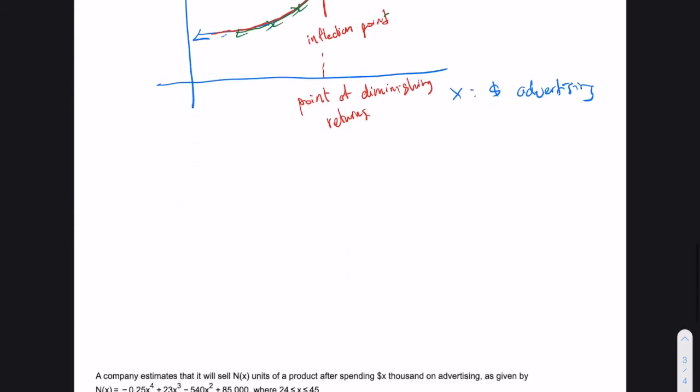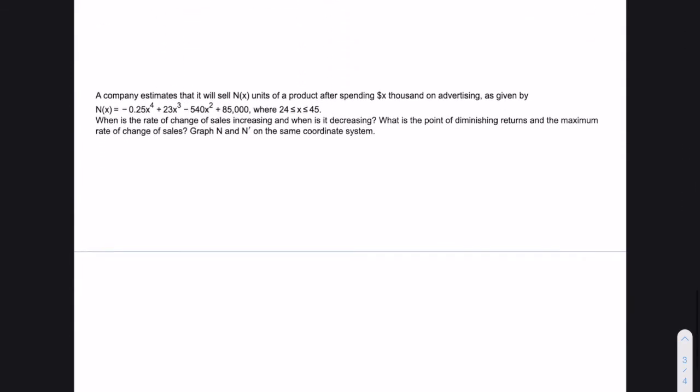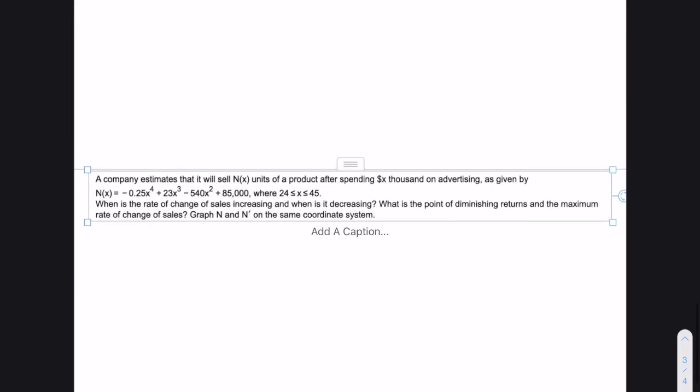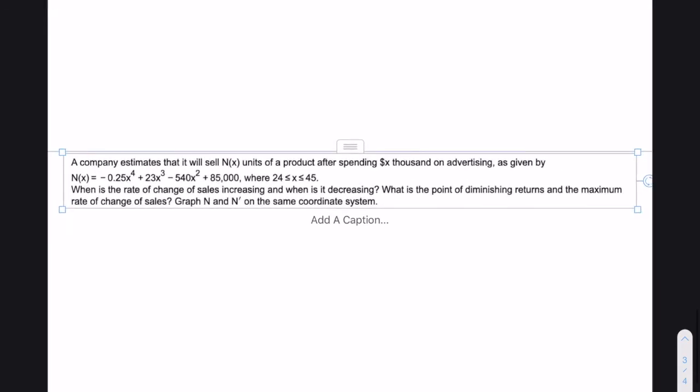So let's look at an example. I want to do an example from the homework. I think this is problem 10 in 4.2.